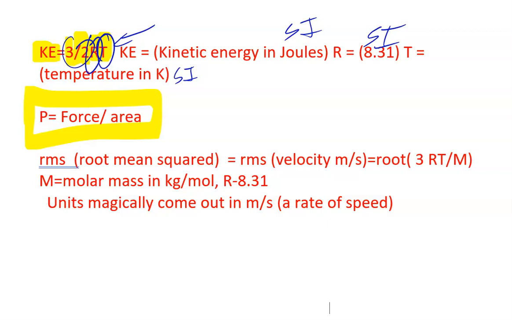Now this is per mole, so you would have joules per mole, because what happens if you had 2 moles? Well, you have twice the energy. So this is a way to figure out the energy of a gas per mole at a particular temperature.